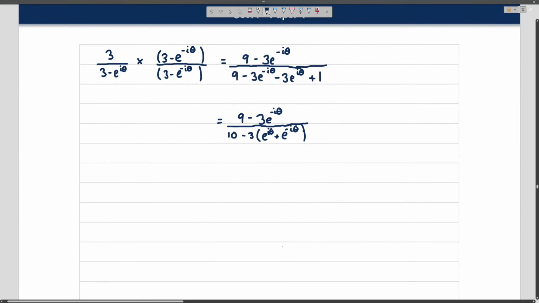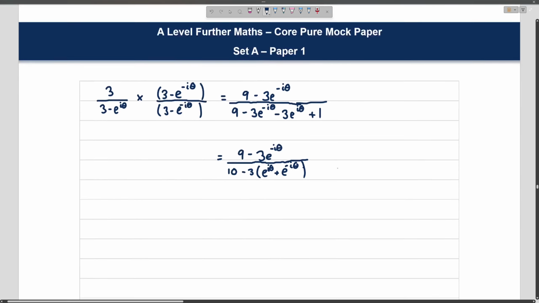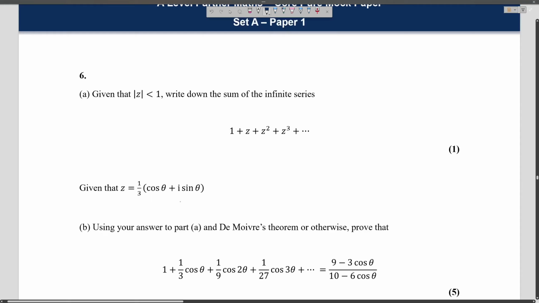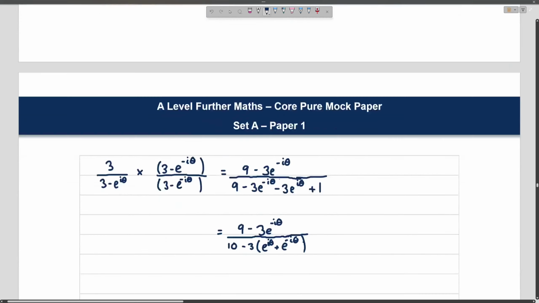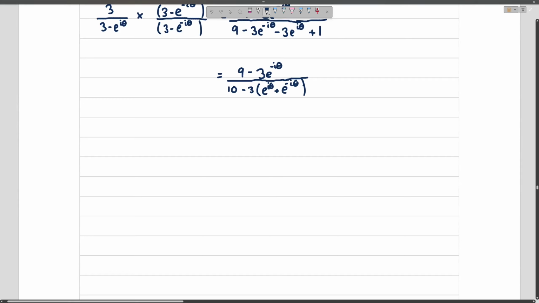So what I can now do is replace these exponential forms with our trig functions, cos theta and I sine theta, where appropriate. So 9 minus 3e to the minus I theta: this e to the minus I theta is just the same as cos theta minus I sine theta.